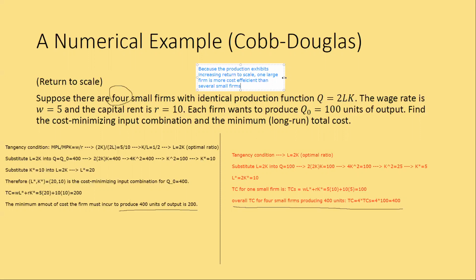And we reached this conclusion by solving the 2 different cost minimization problems. We're producing the same quantity of output, same total quantity of output.